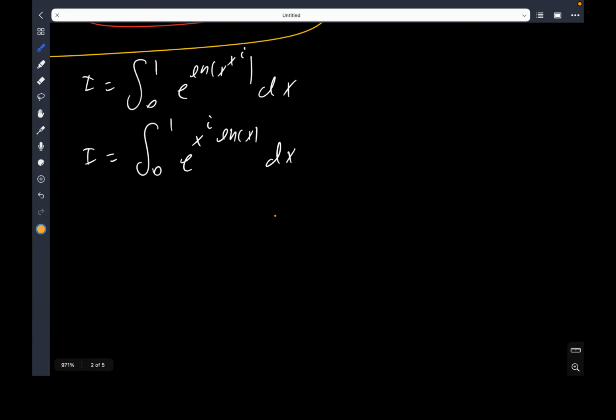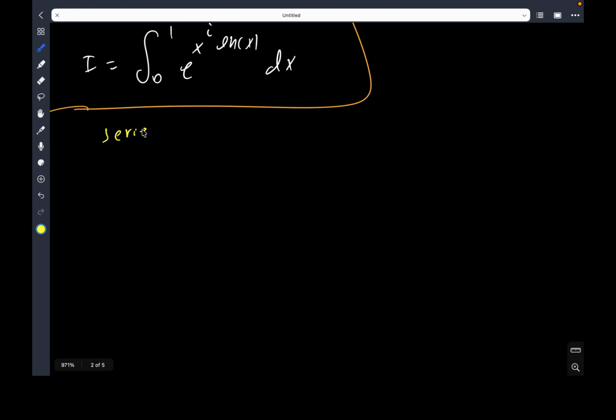Now here you should remember that we got a series for e to the x, and the e to the x series is the infinite sum from 0 to infinity of x to the n over n factorial.